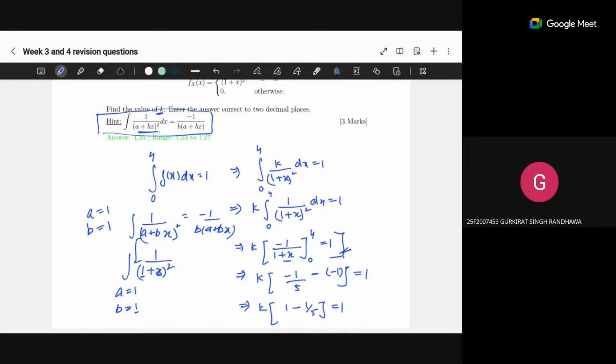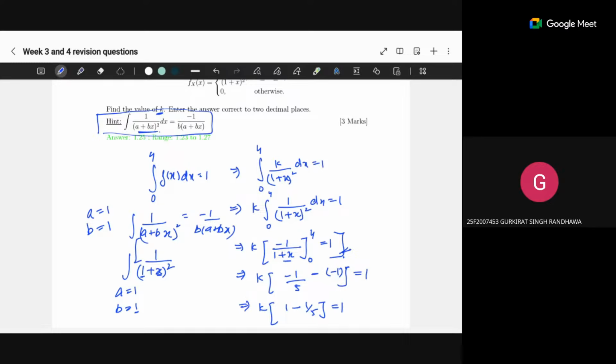Ma'am, can we do it directly, by taking this numerator and doing direct integration? Like 1 plus x squared in the denominator, raised to the power minus 2, and after this we integrate, that minus 2 becomes minus 1 upon minus 1, and it becomes minus 1 upon 1 plus x.